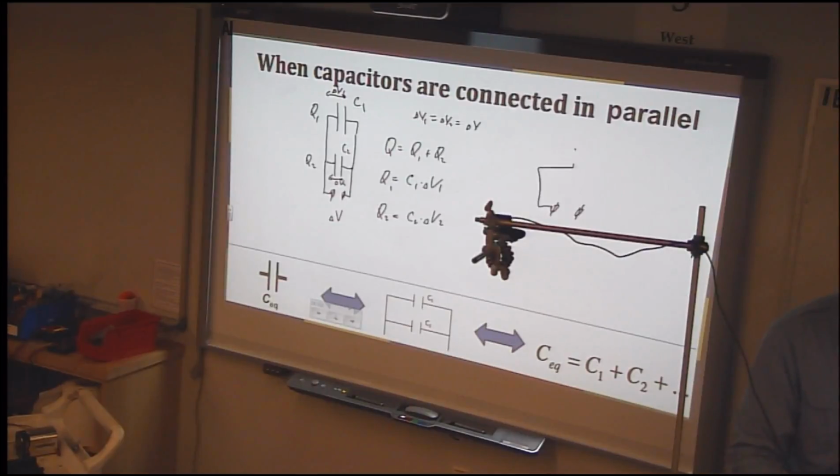What single capacitor can we use to replace those two or more, to connect it to the same source and still have the same charge stored? The capacitance of that single capacitor, of course, has the same name, the equivalent. And of course, the relationship between the charge, capacitance, and the voltage should be the same.